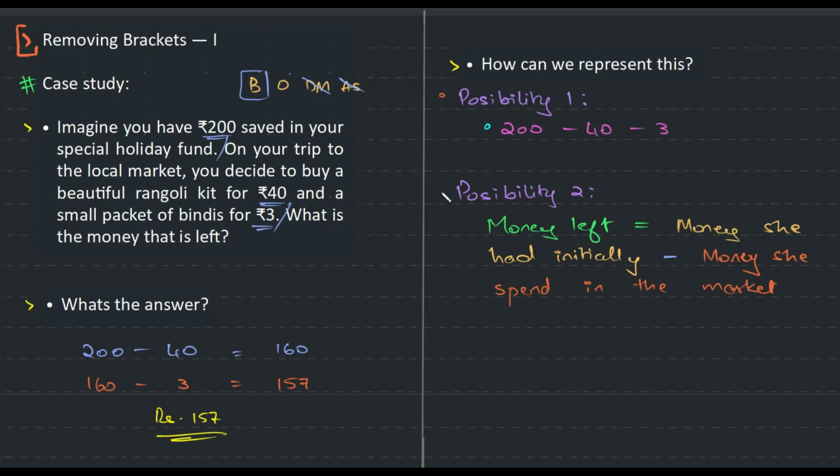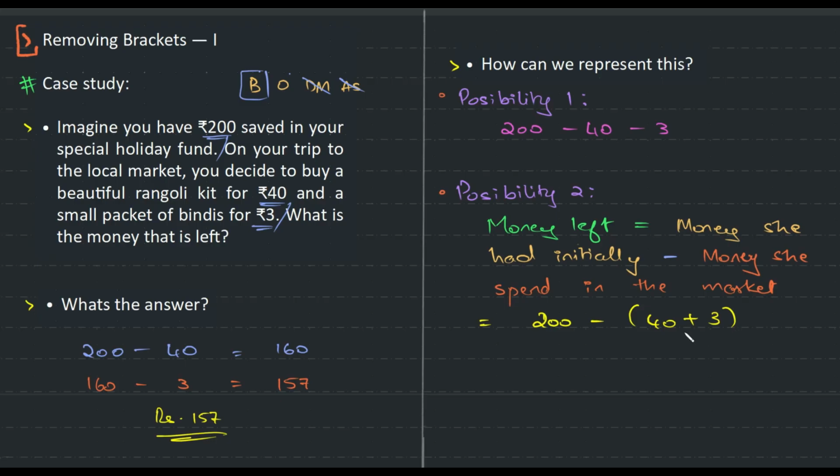So I have these two possibilities. Now, if I express this mathematically, how will it look like? Money she spent in the market. This is going to be what? This will be 200 minus the sum of 40 plus 3. Is it not? Money she spent in the market is 40 plus 3. So basically, I can represent this as 200 minus (40 plus 3).